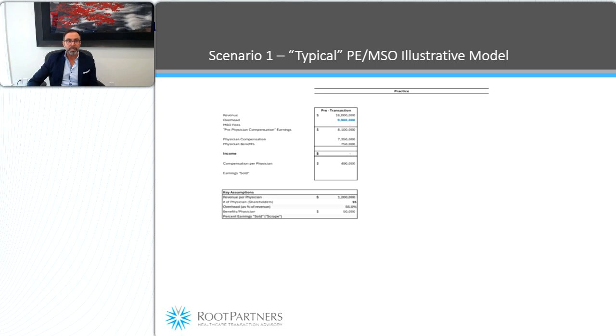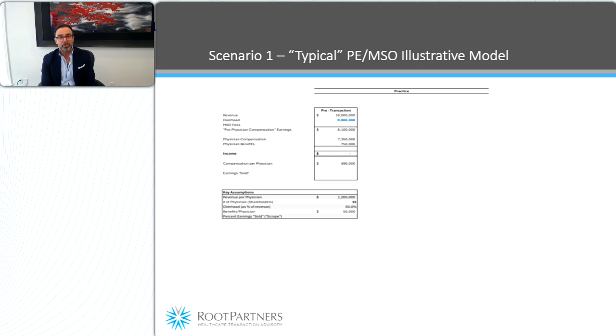So you've got a practice with, say, $18 million of revenue. You've got overhead of roughly, I'm trying to read my own slide here, $9.9 million. And you've got essentially earnings that are available to fund various components of physician compensation of about $8.1 million.